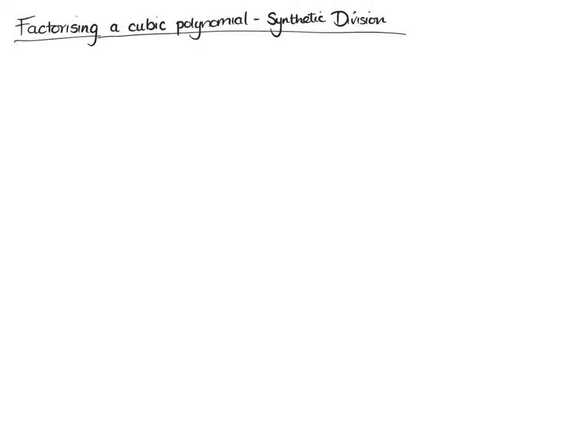Right, okay, so we're going to go into how that helps us now. So if we've got f of x, we'll use that same function there, equals x cubed plus 7x squared plus 14x plus 8.